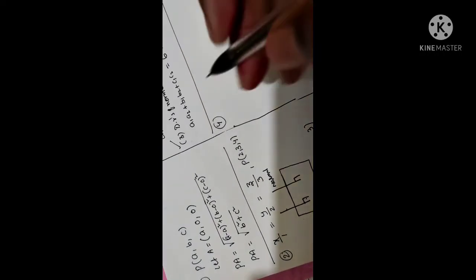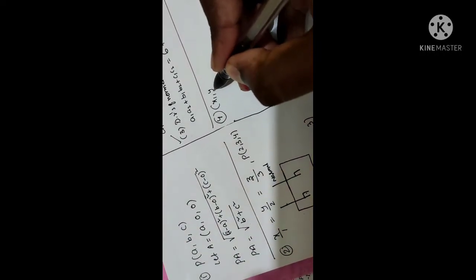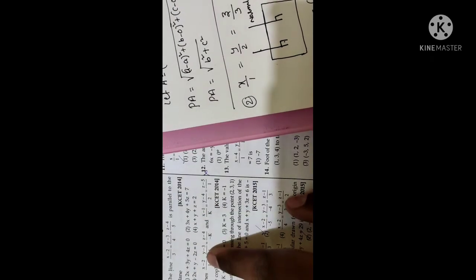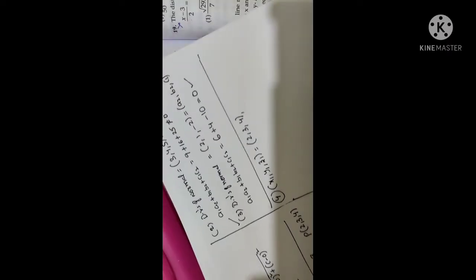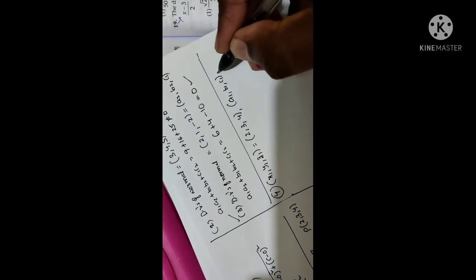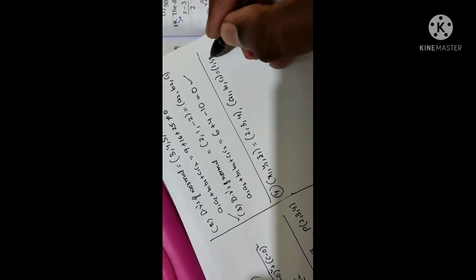So from this we can write x1, y1, z1 is 2, 3, 4. Next, what is the DRs of this one? 1, 1, minus k. DRs are denoted by A1, B1, C1.